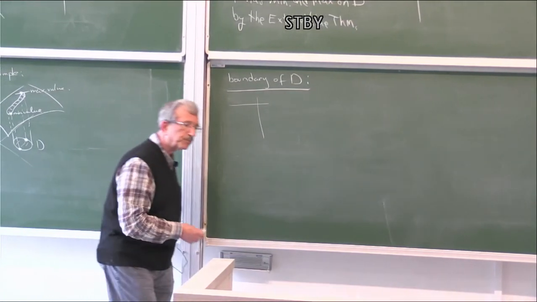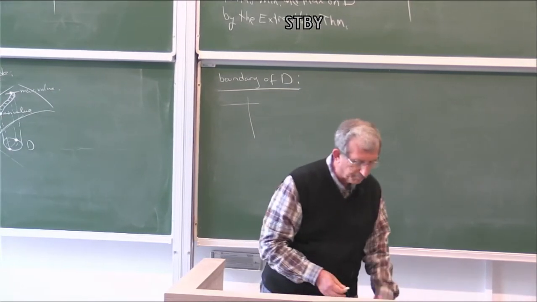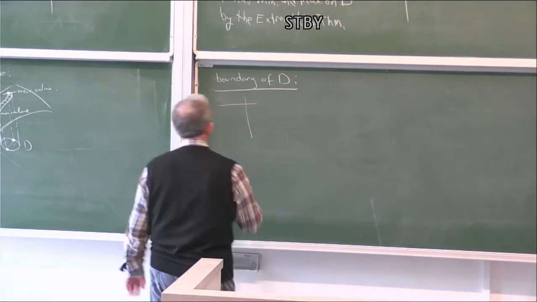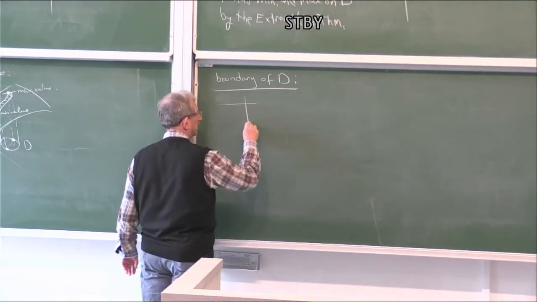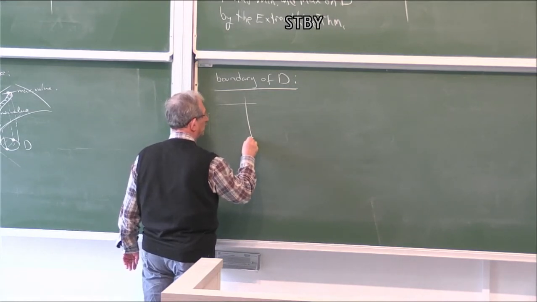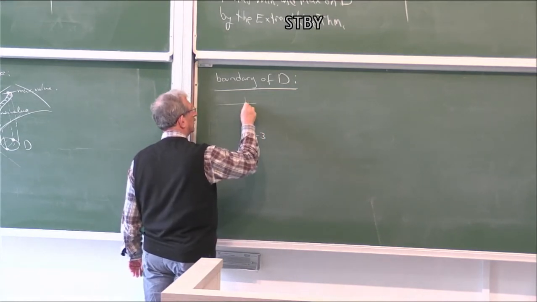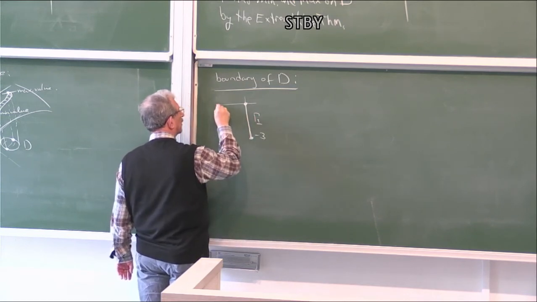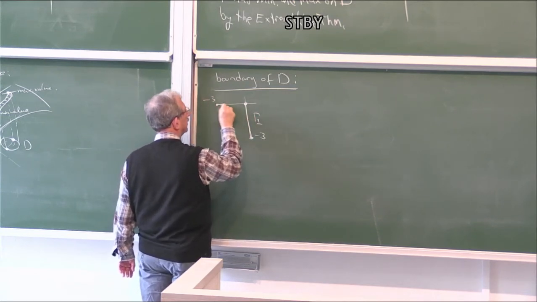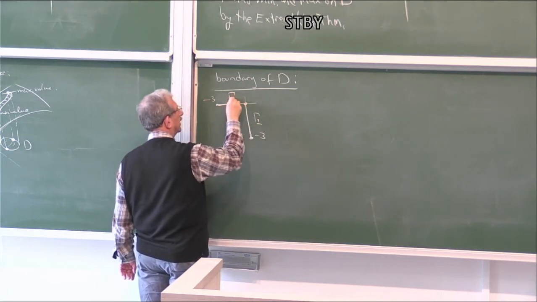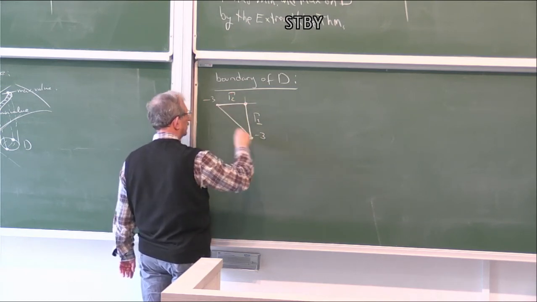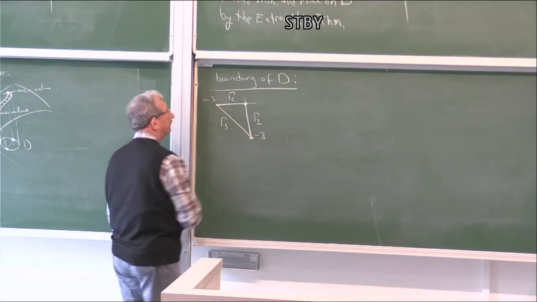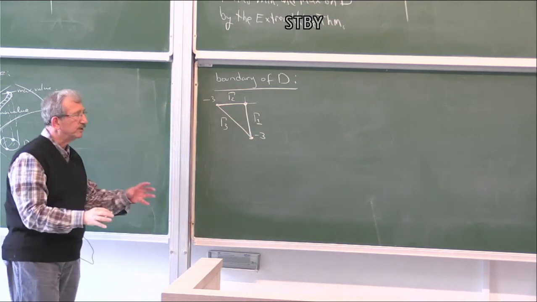Okay. So let us give names to them. Call this, up to minus 3, the boundary gamma 1. Call this, up to minus 3, the boundary gamma 2, and the last one, gamma 3.